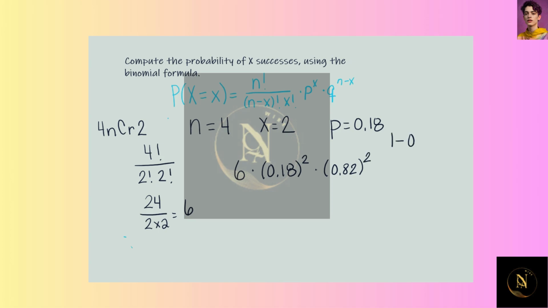We got q by doing 1 minus 0.18 to get 0.82. I would put this in my calculator. When I do 6 times 0.18 squared times 0.82 squared, I get that the probability that x equals 2 is equal to 0.131.